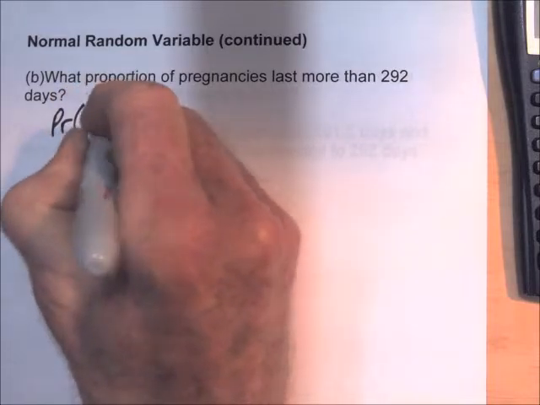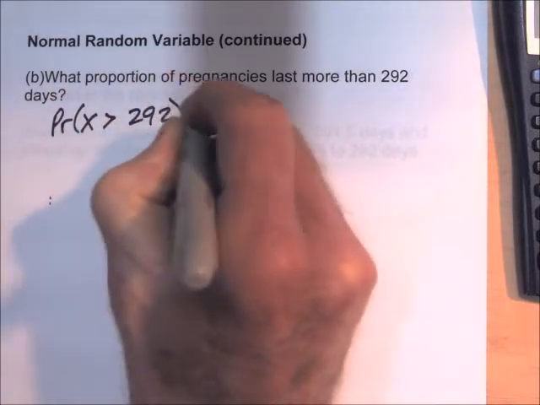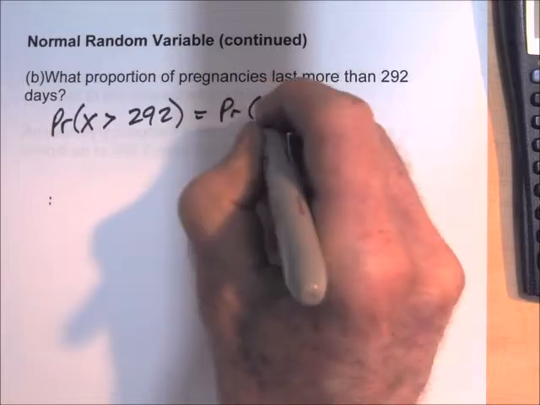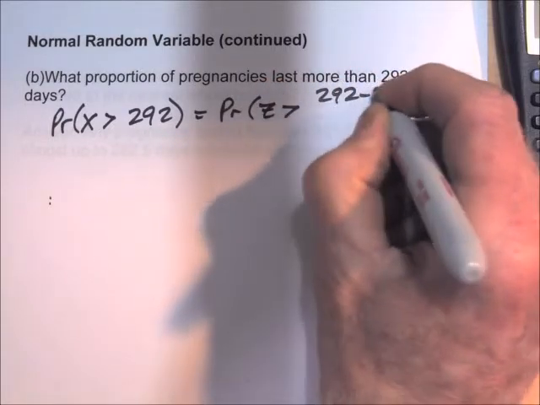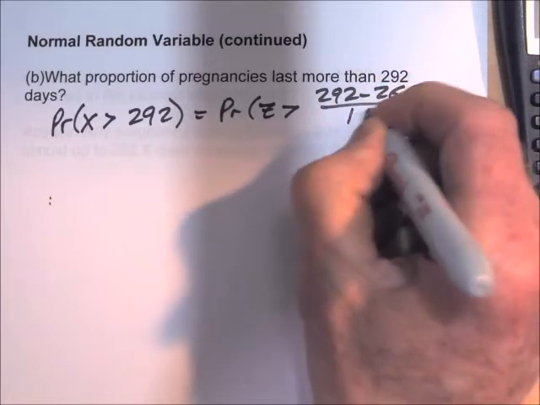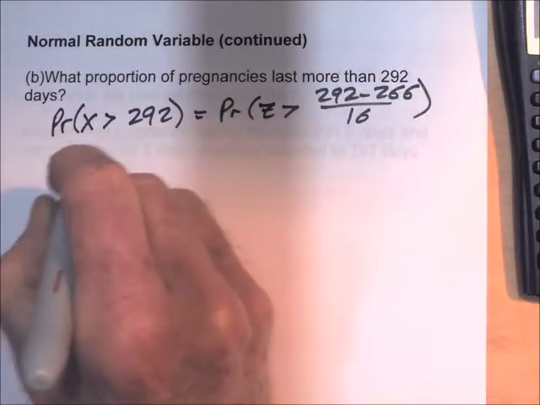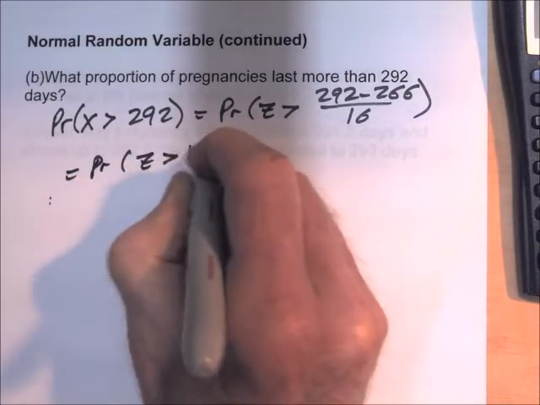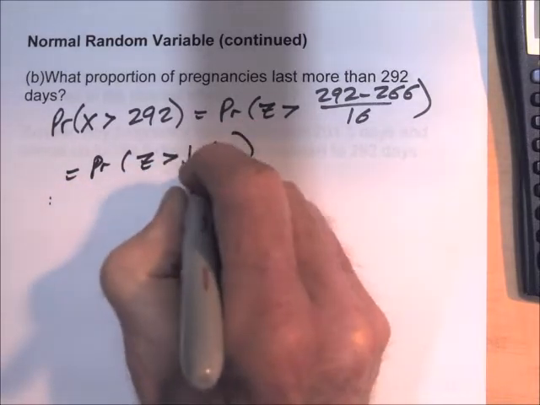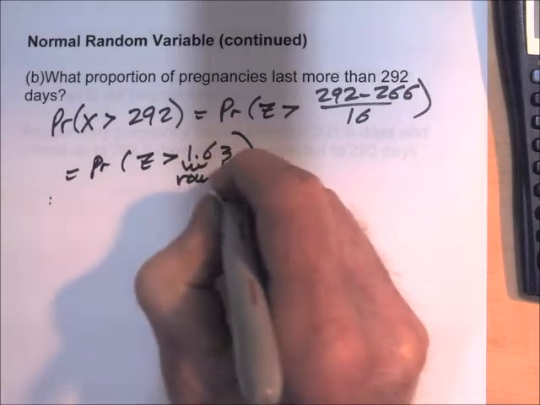Probability x is greater than 292, and make it into a z-score. Probability z is greater than 292 minus 266 over 16. Probability of z is greater than 1.63. So again, we look in row 1.6 in column 3.